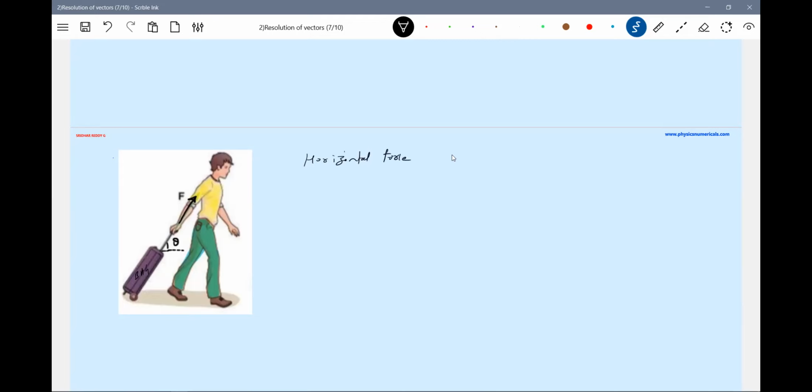Find the horizontal force exerted, or applied, by the person on the bag. I think it should be equal to Fx, F cos theta i cap. With his arm he is holding this handle and pulling it. So how much? F cos theta i cap.